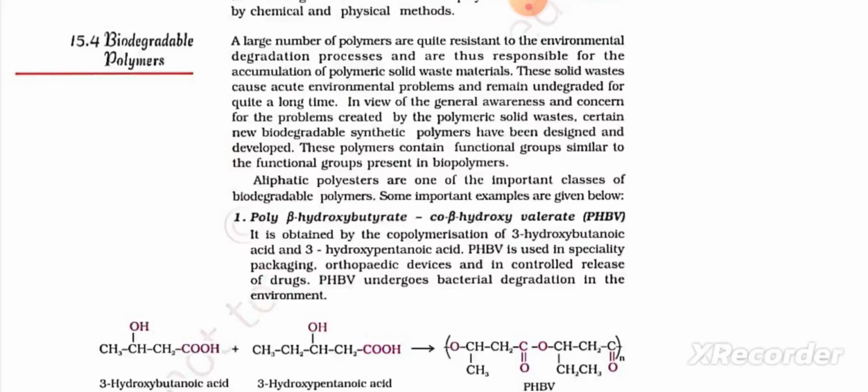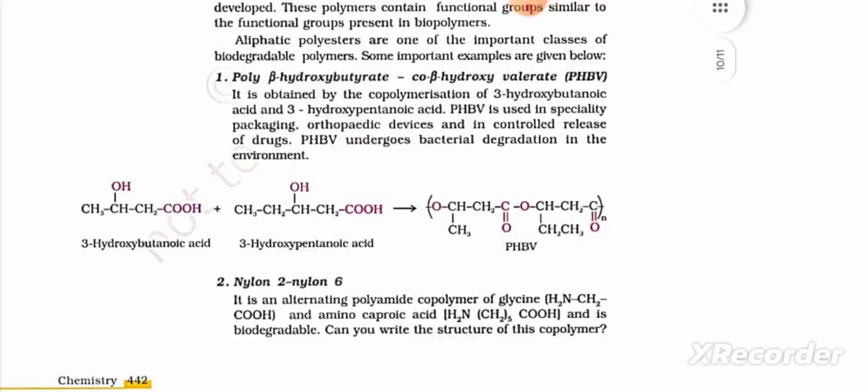These polymers consist of functional groups similar to the functional groups present in biopolymers. Aliphatic polyesters are one of the important classes of biodegradable polymers. Some important examples are given below. First is poly-beta-hydroxybutyrate-co-beta-hydroxyvalerate, PHBV.